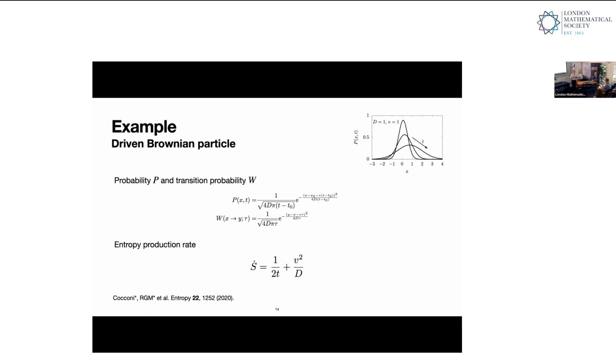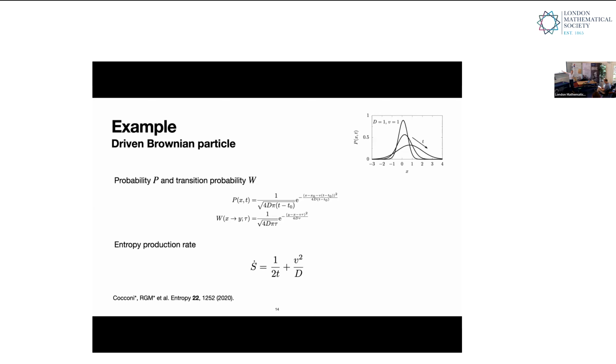What is the entropy production of that particle? We know the equation. It's the heat equation with a drift. We know the solution is a Gaussian distribution. So we have all the information we need. We can calculate the entropy production in closed form. And this is the result we obtain.